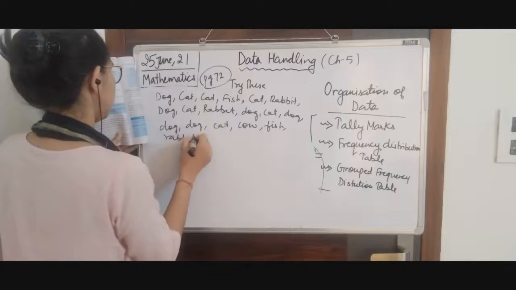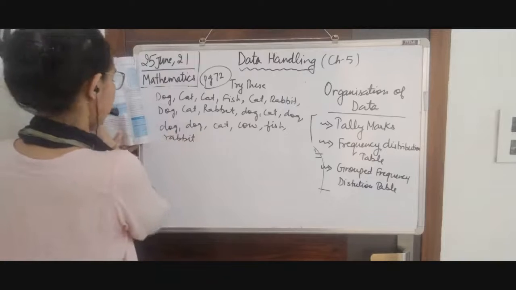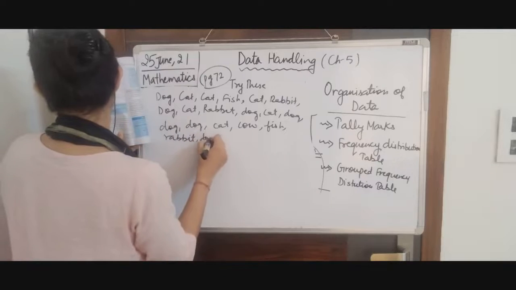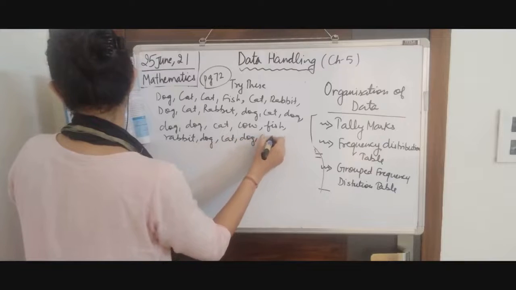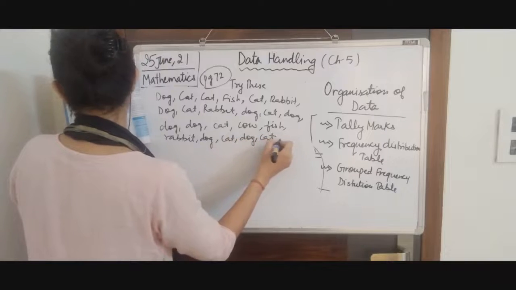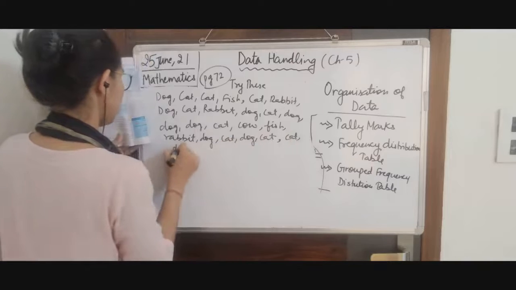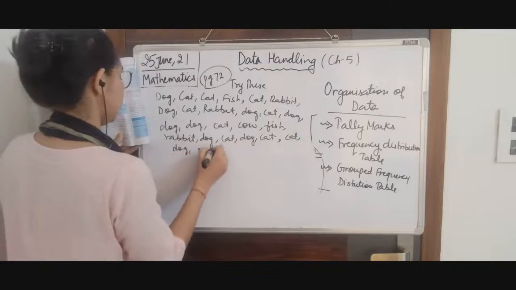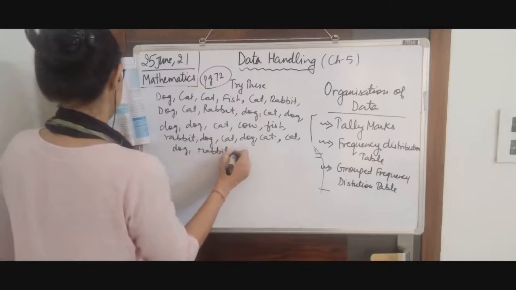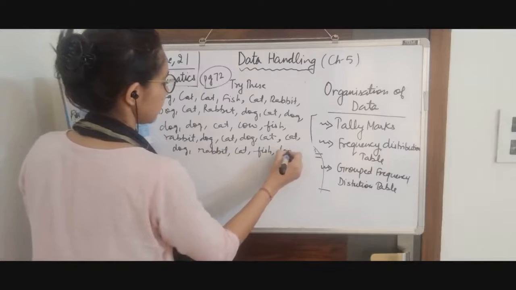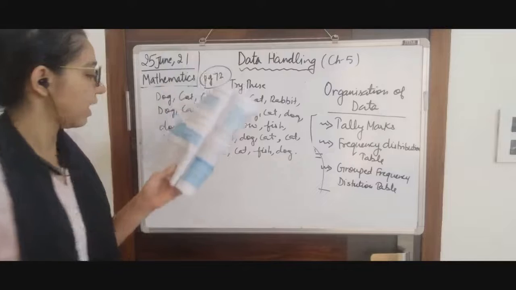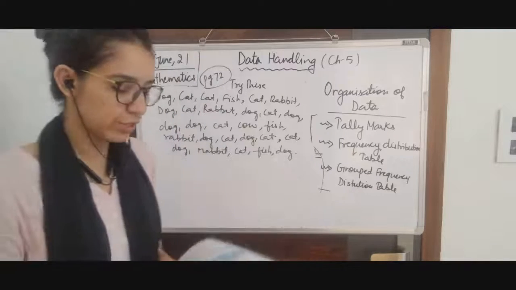We are just writing the data given in our book. Rabbit, dog, cat, dog, cat, dog, then rabbit, cat, fish and dog. Okay, this is the data given.